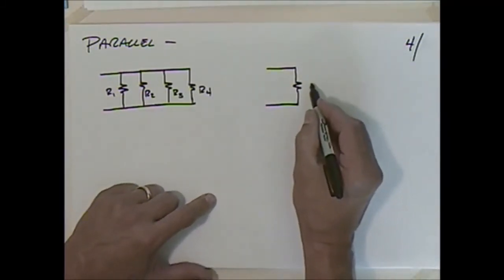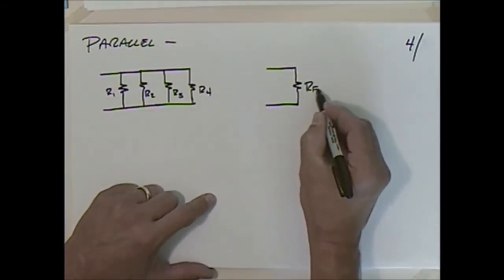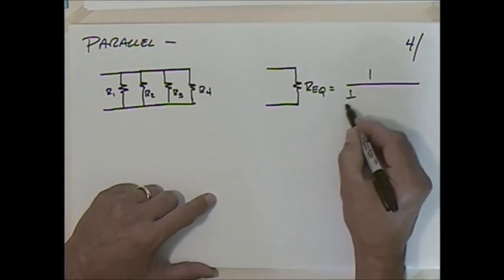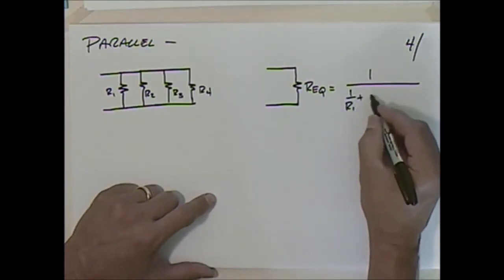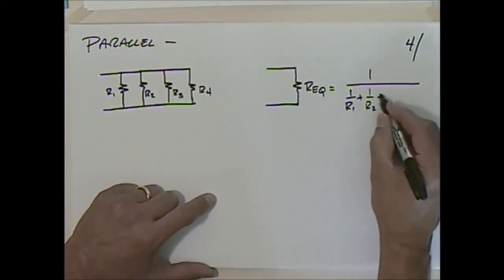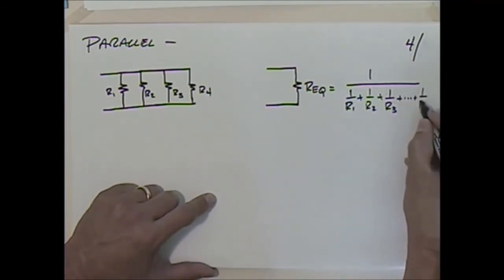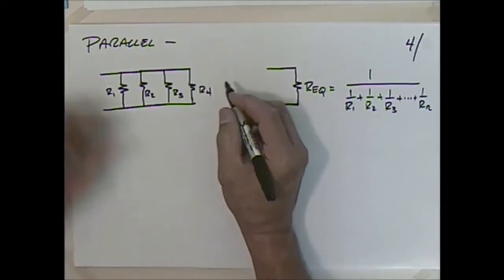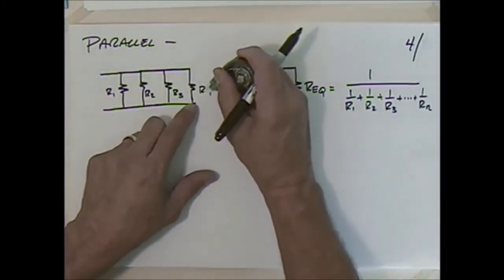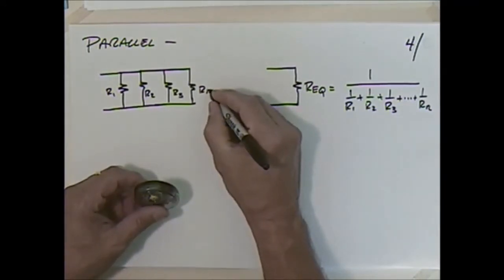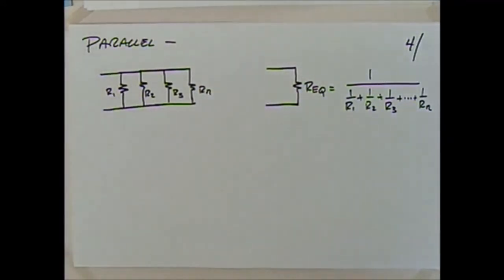That's going to be equal to 1 over R1 plus 1 over R2 plus 1 over R3 plus 1 over R, maybe we should say instead of 4 we'll say N, so we can sound very mathy. We've got something like that. So it's the inverse of the sum of the inverses.